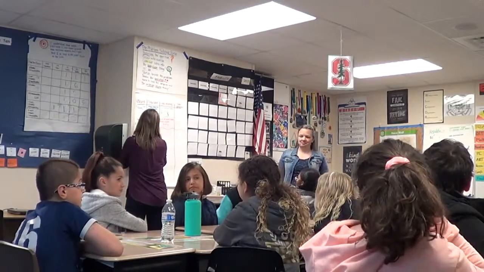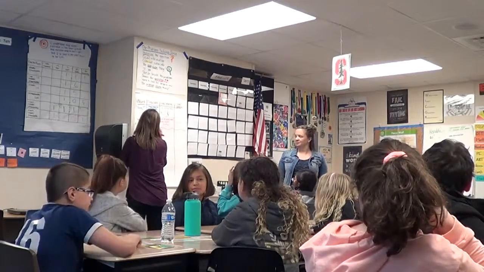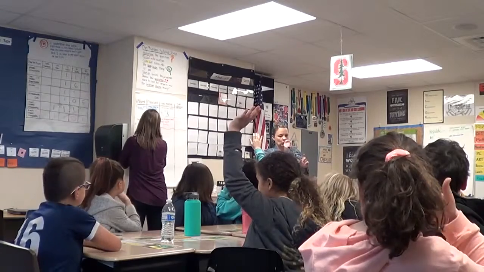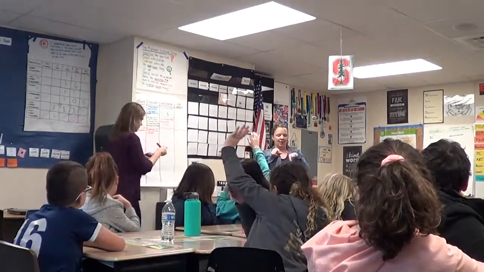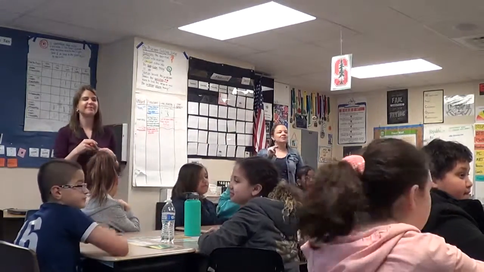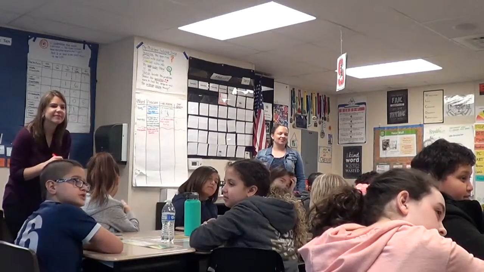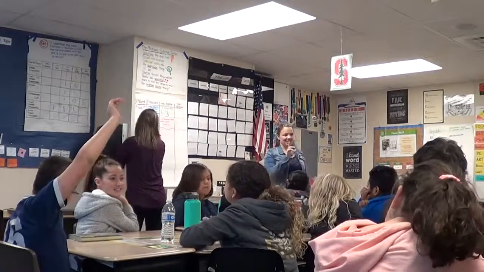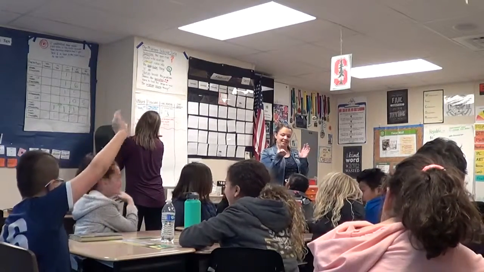To the right of the decimal. Brianna? The third place value that is 10 times smaller than the hundredths.